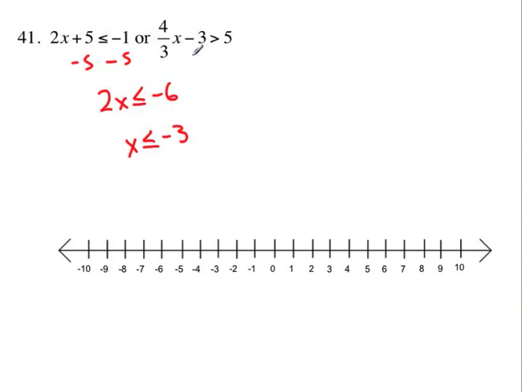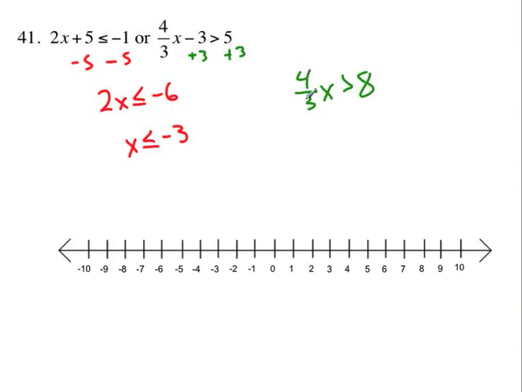Okay, on this other one, I'm going to add 3 to both sides. So we get (4/3)x > 8. Now, we're going to do this a little differently. Instead of getting rid of the fractions at the very beginning, I'm going to leave the fraction and deal with it now.